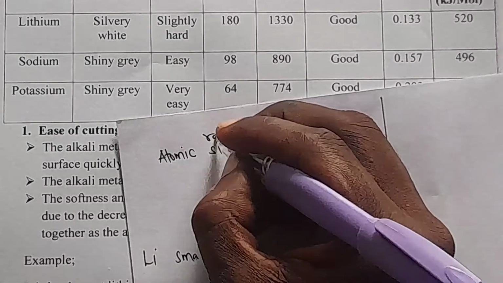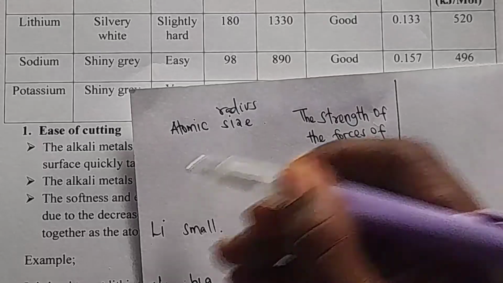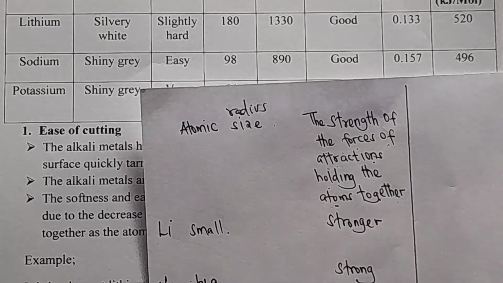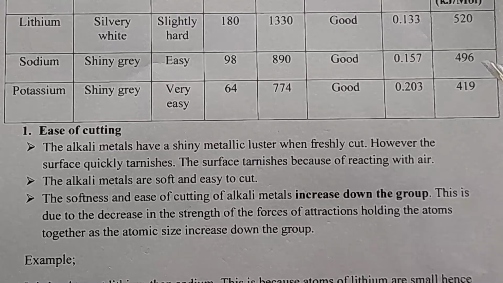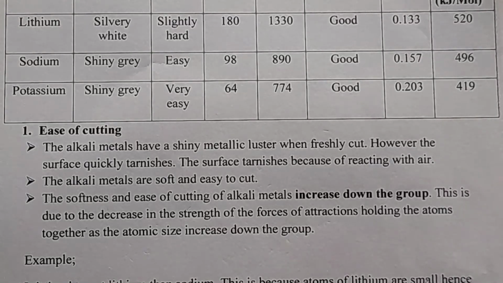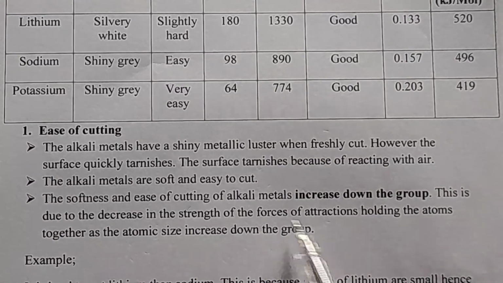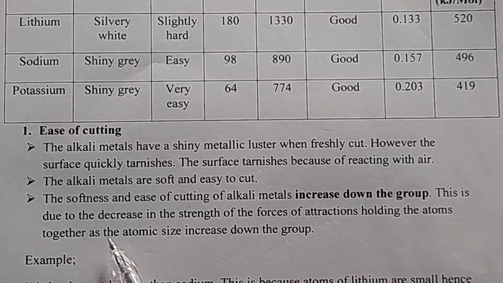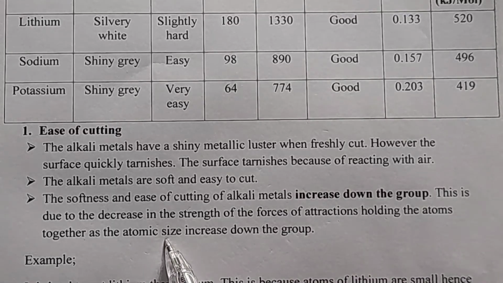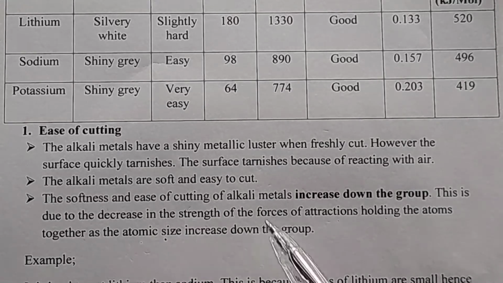You can put atomic radius instead of atomic size, because when you check the table, the atomic radius is increasing down the group. Or you can say as the size of the atom increases down the group. That will be the reason.